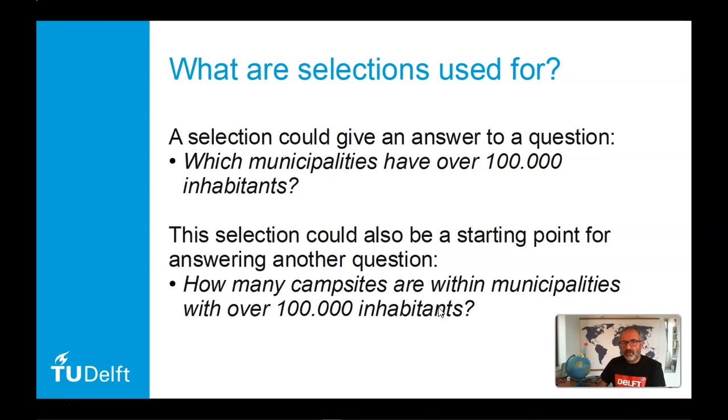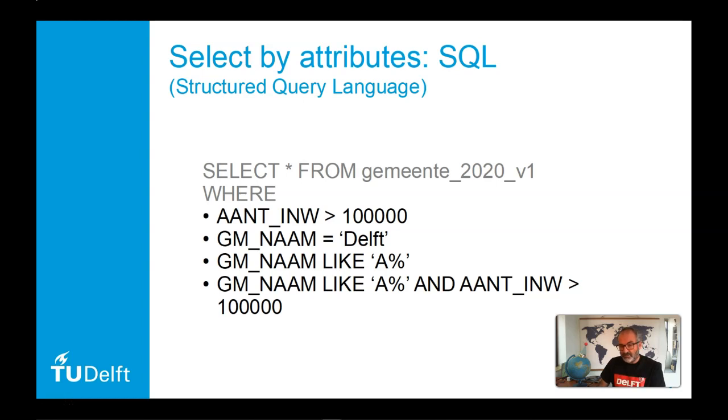So how do they work? Basically, if you look at select by attributes, you look at SQL, where the select, from and where parts are grayed out, so you don't really have to type them every time. If you do a select by attributes, you immediately go to the where clause.